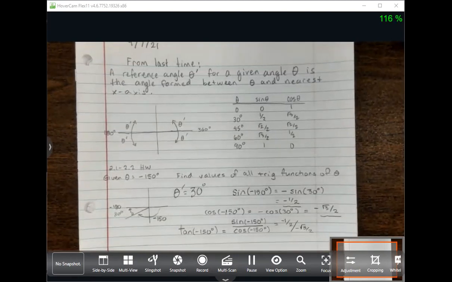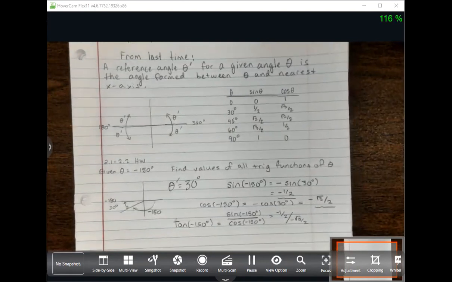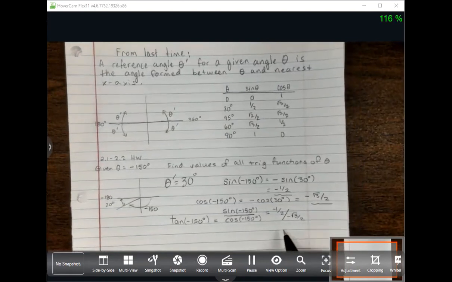You can see the negatives are going to cancel to leave me a positive number. And then I'll write that as 1/2 times 2 over the square root of 3. That simplifies to 1 over the square root of 3. And then when you rationalize the denominator, you get positive square root of 3 over 3.